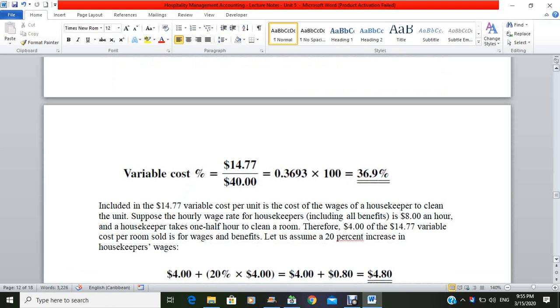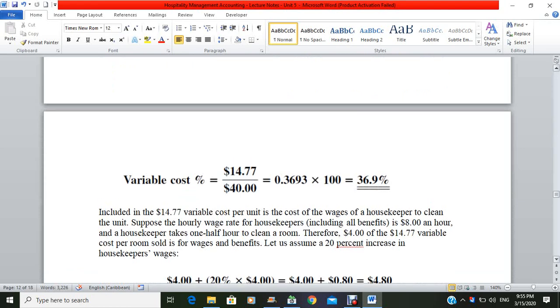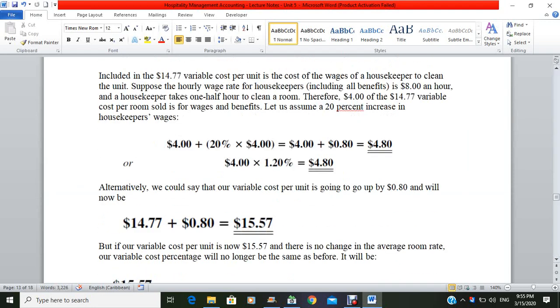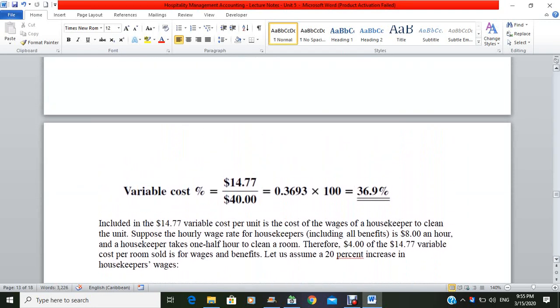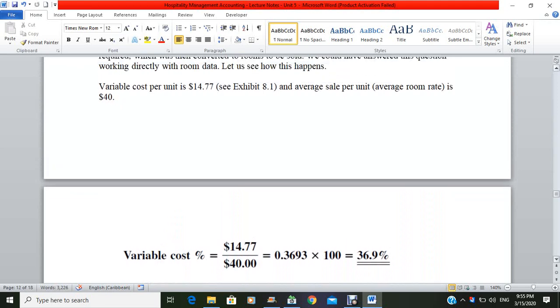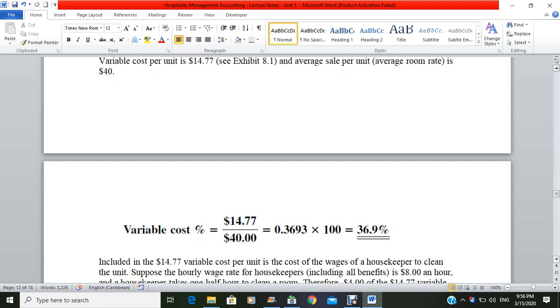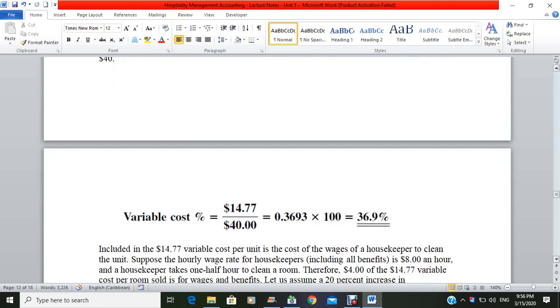We divide the $14.77, which is the variable cost per unit, by the average selling price or sales price per unit. Remember that example we looked at before, where you divide variable cost per unit by average selling price to get your variable cost percentage? Now in this case, that would have given our original 36.9%, which we would have been working with.